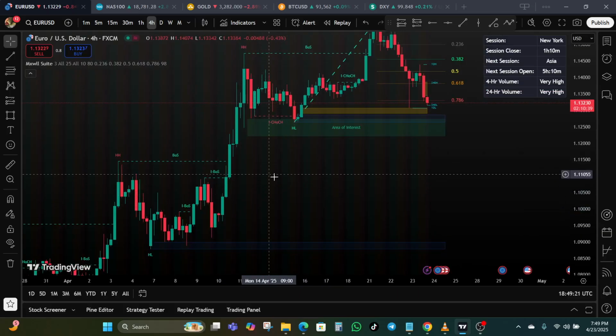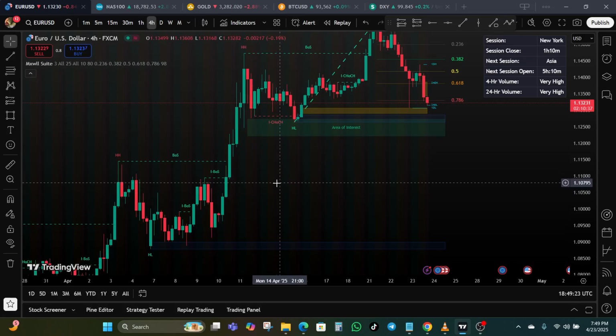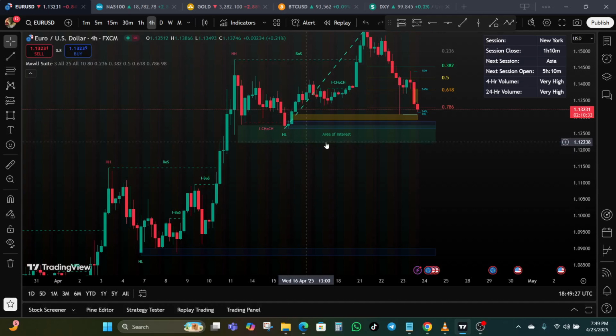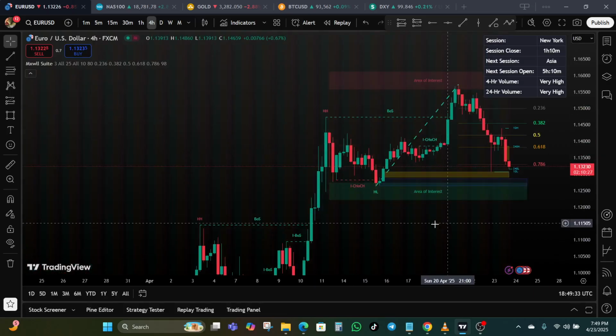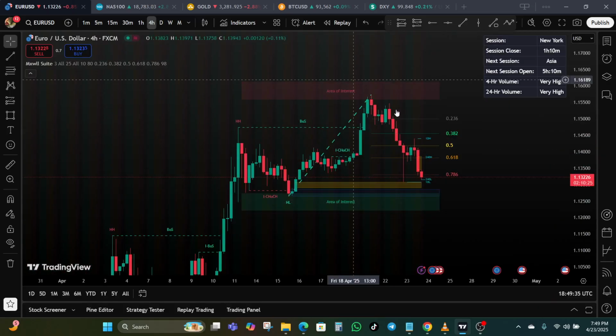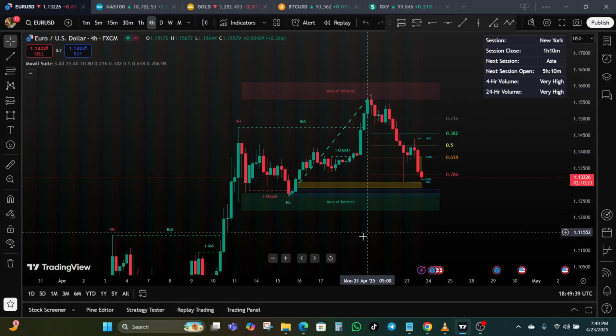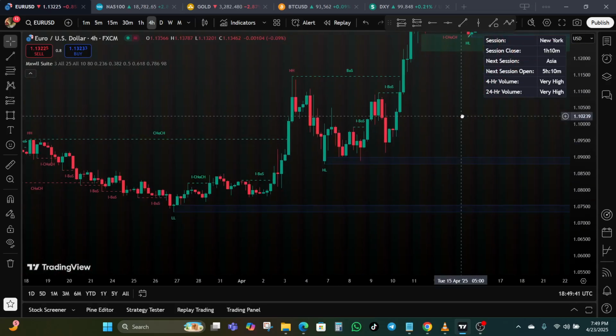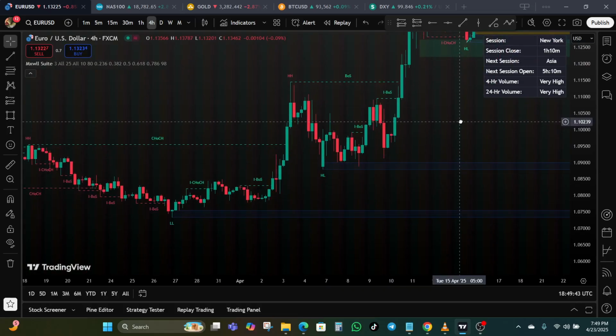Once you have identified major BOS or CHOCH, you mark your key demand or supply zone based on recent impulsive moves. You can see the indicator marks the area of interest where price is expected to react.